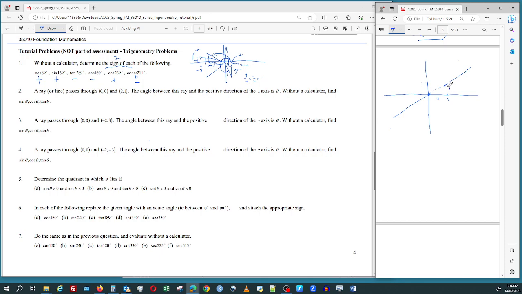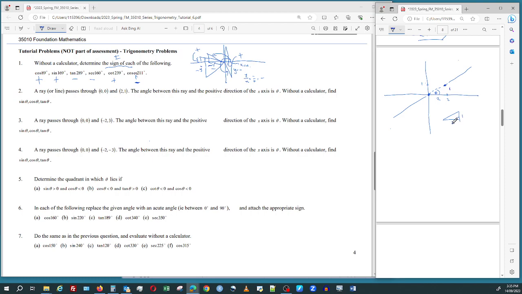So what is the angle of this ray in the positive direction with the x-axis? So we're looking at theta, 0, 0, and x is 2, y is 1. So is it a variation of our exact values trig? Okay.